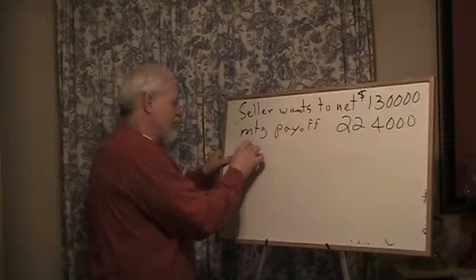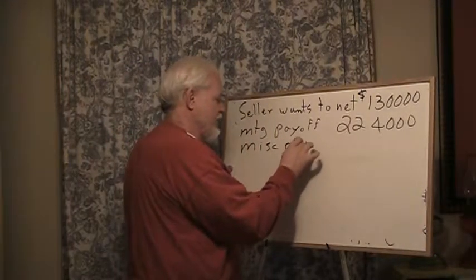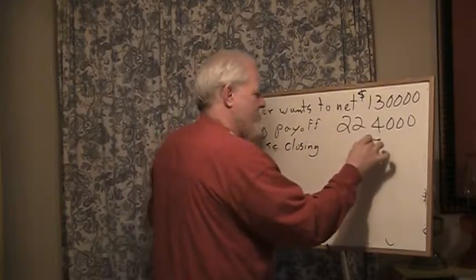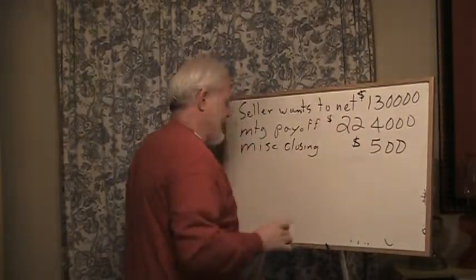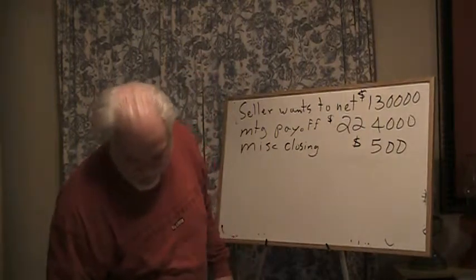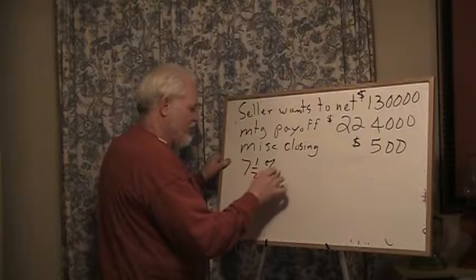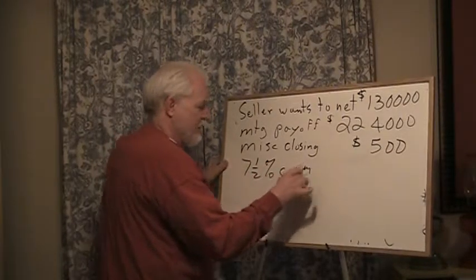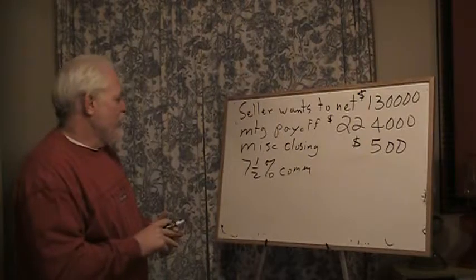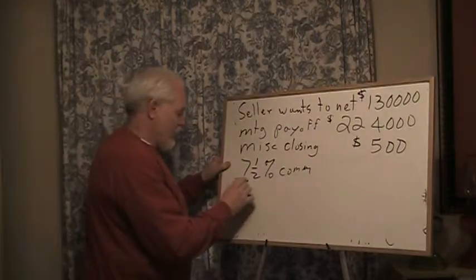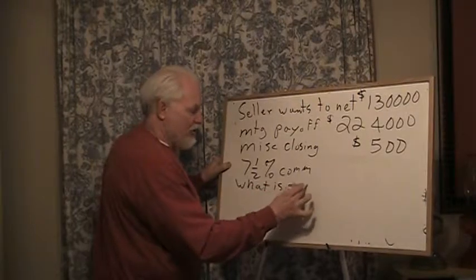And he's got miscellaneous closing cost of $500. All right. So, and he has to pay a commission of 7.5% commission. So the realtor's charging 7.5% commission. So the question is, what is the price?